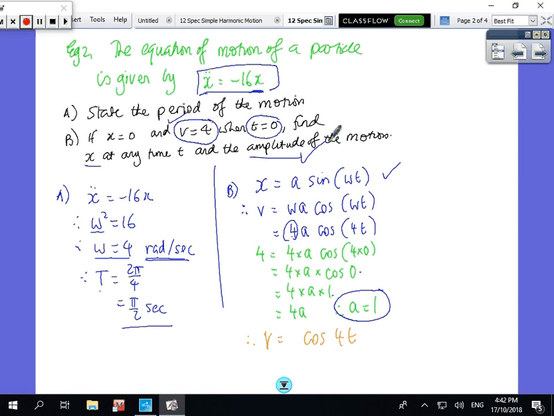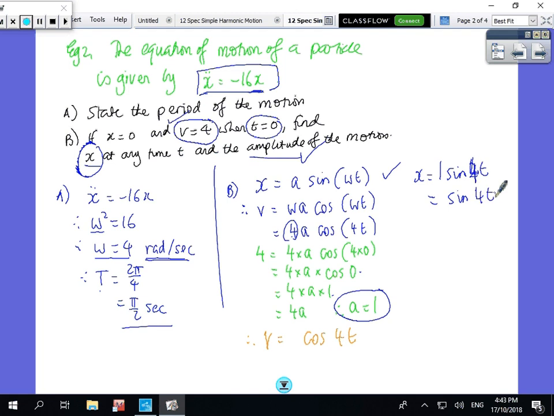So I've found the amplitude, I've found the period, and I have to find x at any time, so I just go back. Finding displacement, x will equal a, 1 sine 2t, which is just sine 2t. Hang on, omega equals 4, I beg your pardon, sine 4t.